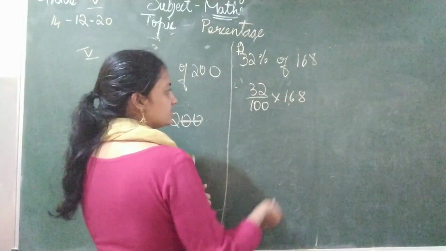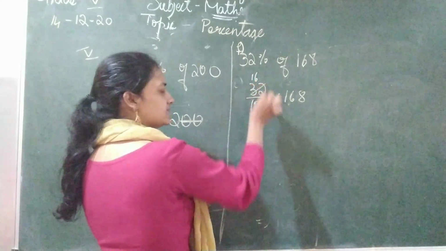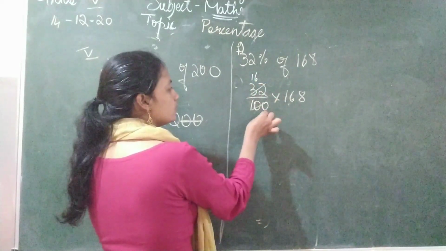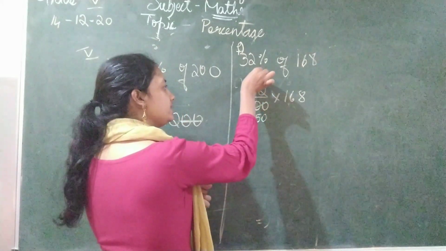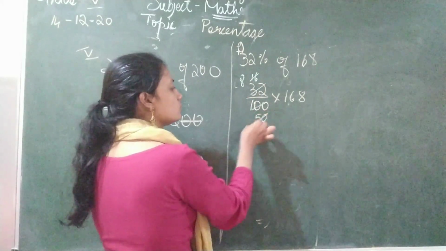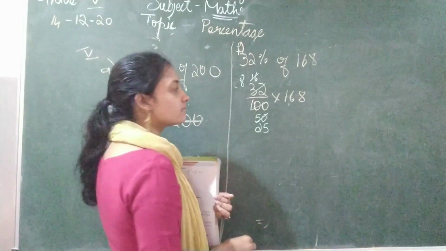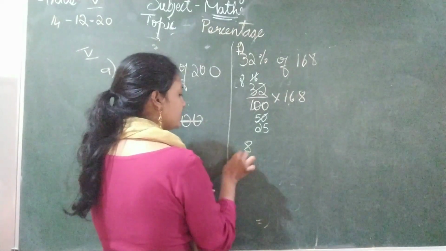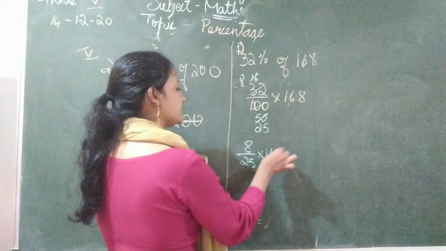Now simplification. 2 16s are 32, 2 50s are 100. Again I can write 2 8s are 16, 2 25s are 50. So I have 8 by 25 into 168.